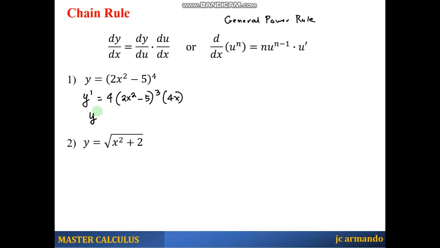So therefore, y prime equals, you can multiply 4 and 4x, so 4 times 4x, 16x, times 2x squared minus 5 raised to 3. You cannot distribute because 2x squared minus 5 is raised to 3. Okay? You can distribute only if it is raised to 1.